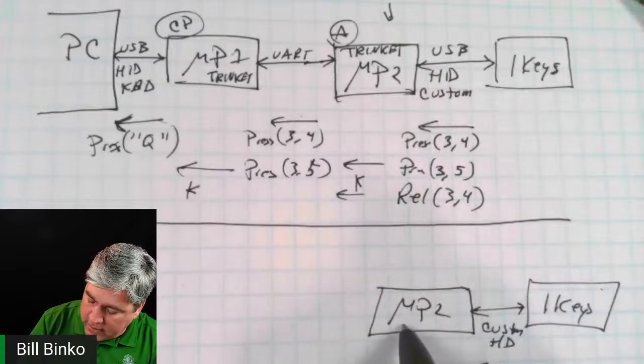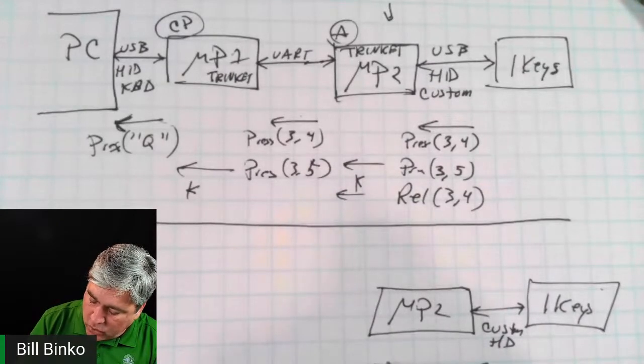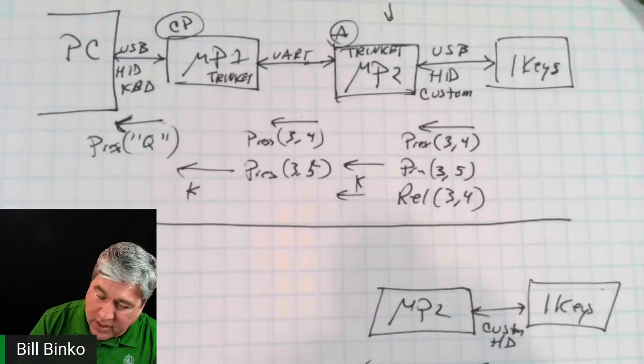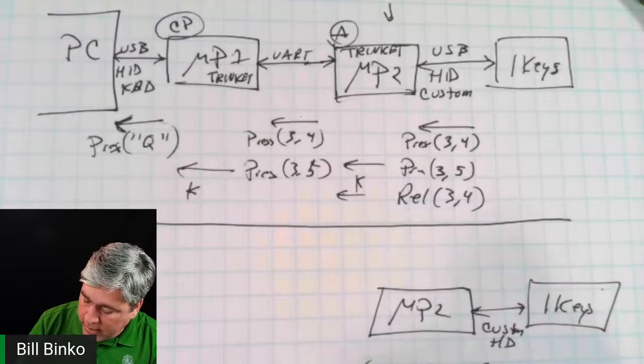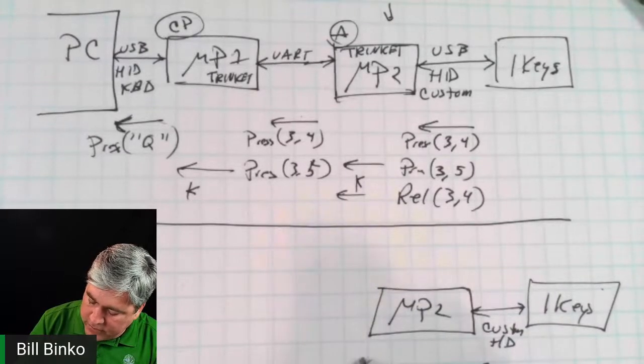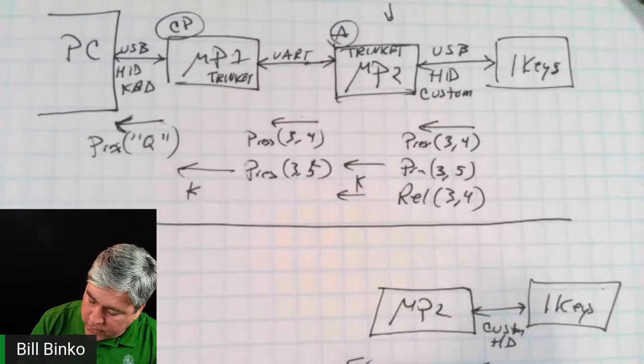What this guy did is he actually just stored a sorted list. So this would be, let's just say 3.4. It actually gets converted into an integer. And then if there's another press of 3.5, it would add this to the list of what's currently pressed, right?